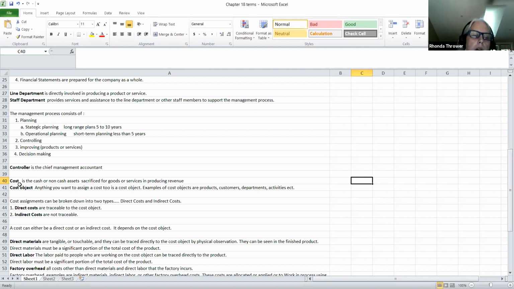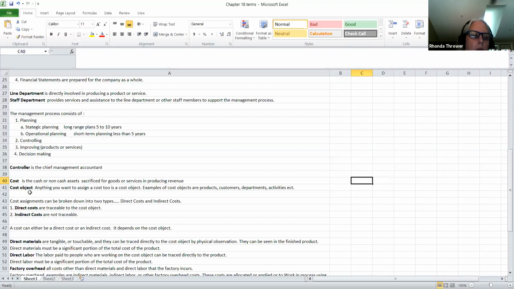So a cost basically can be anything that costs us cash that we have to sacrifice for the products or the services of the company while we're producing revenue.